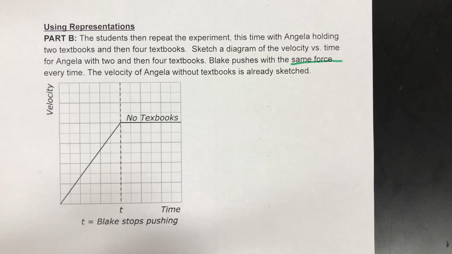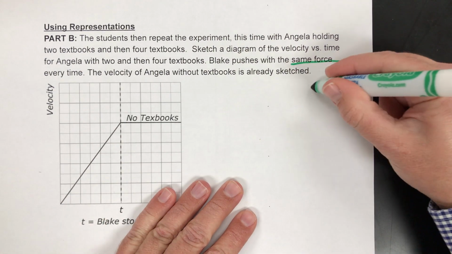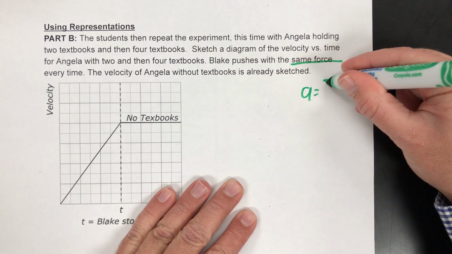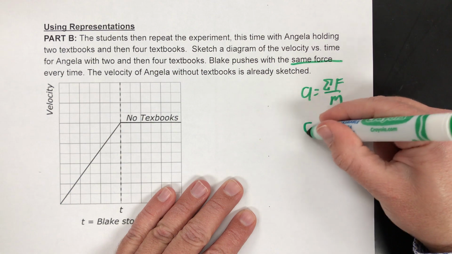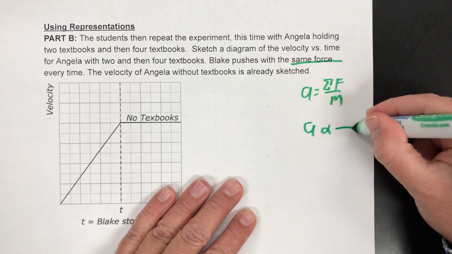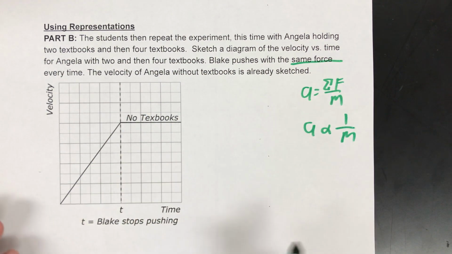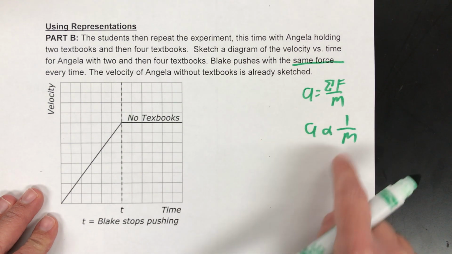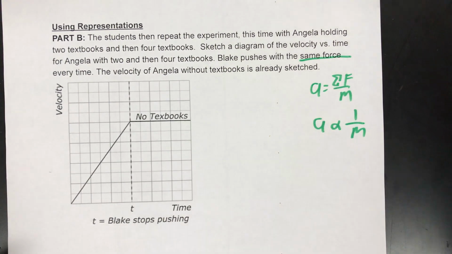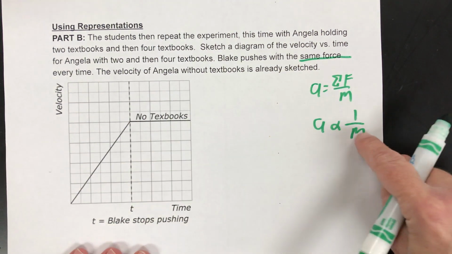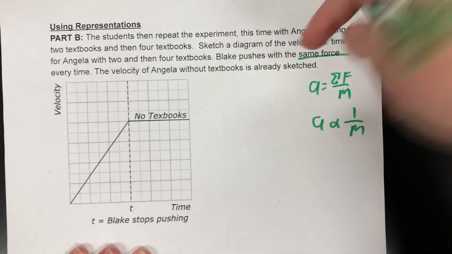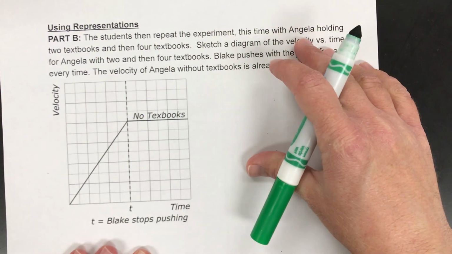So remember in Newton's second law here, we know that the acceleration is the net force over the mass, so we can just say this, acceleration is proportional to 1 over the mass, or in other words, acceleration is inversely proportional to mass. So when we go to make these lines here, if we increase our mass, that will decrease our acceleration.